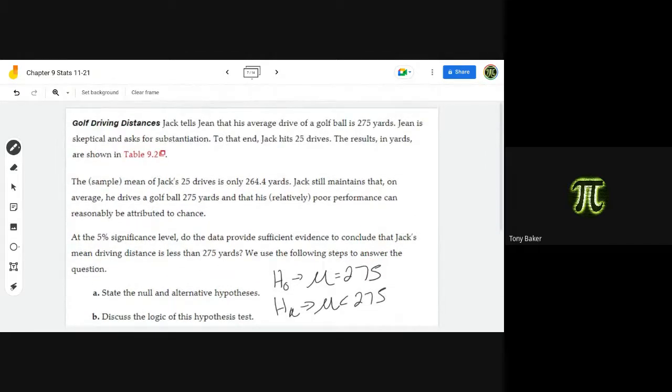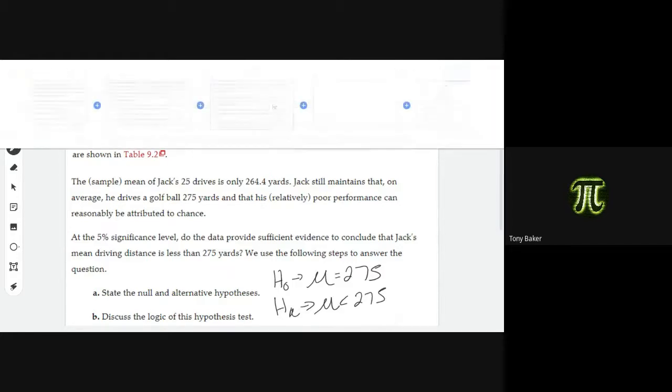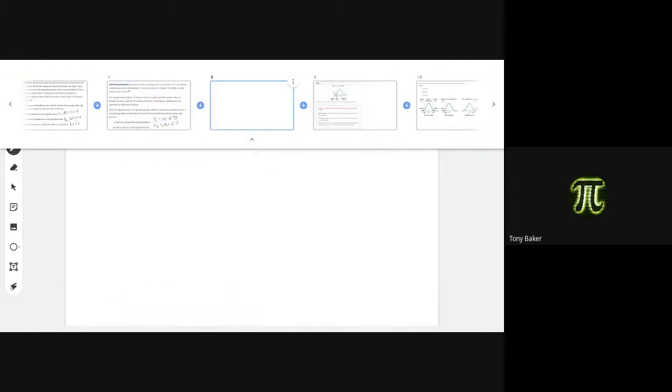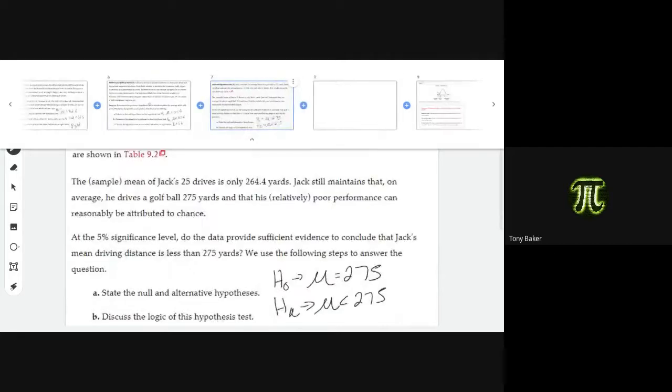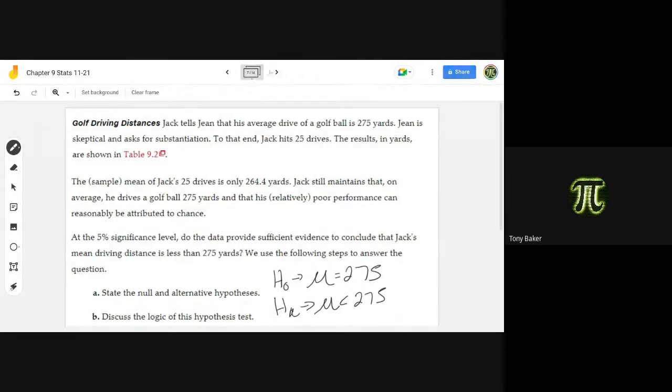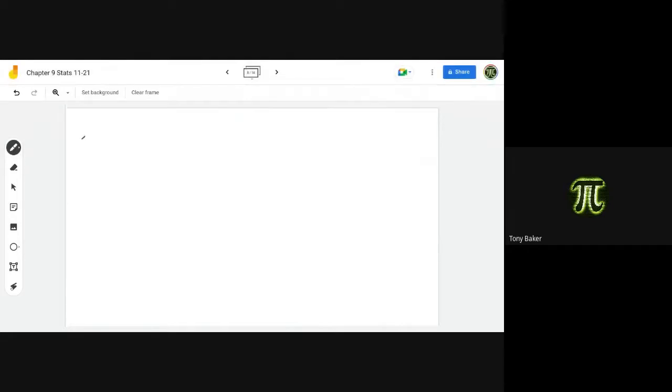All right. So that's the way our hypothesis test is going to go. Now, let's actually do it. To do my hypothesis test, we need to figure out, so we have our mean. That's the 275.